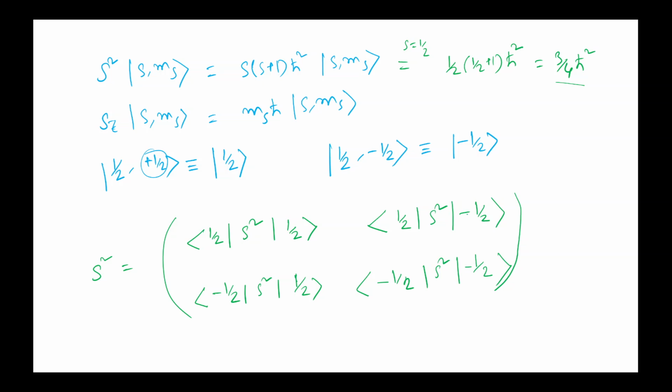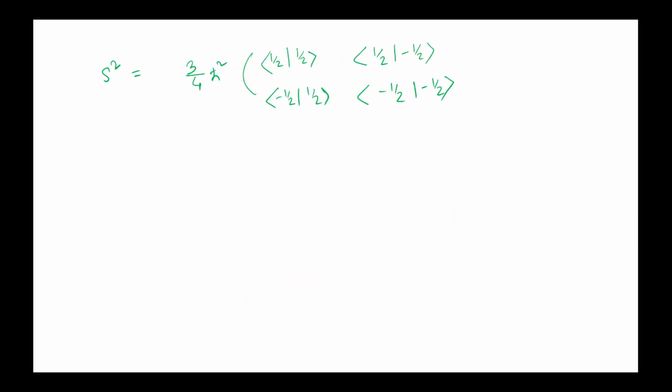This is your ms value, but the s value is half, so it gives you the same eigenvalue 3 by 4 h cut square, and then you are left with half and minus half. And you all know that eigenfunctions of any operator, when they are non-degenerate, are definitely orthonormal to each other, or even if they are not, I have shown you in the previous class that you can make them orthonormal by the Gram-Schmidt orthonormalization procedure.